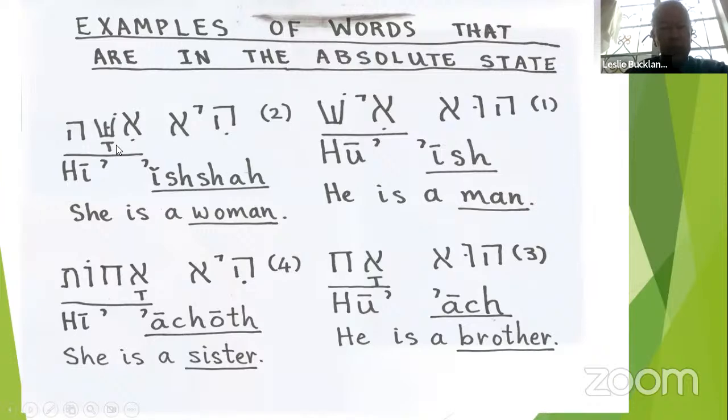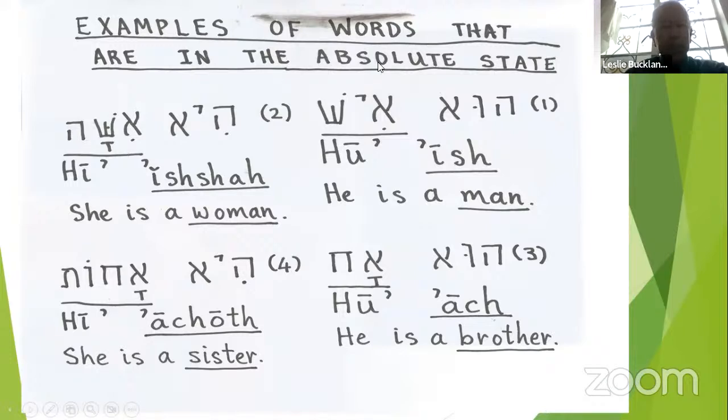The same thing with isha. She's a woman, hi isha. When it was standing by itself, independent of any other explanation, and was not depending on any additional words to say something more about her.